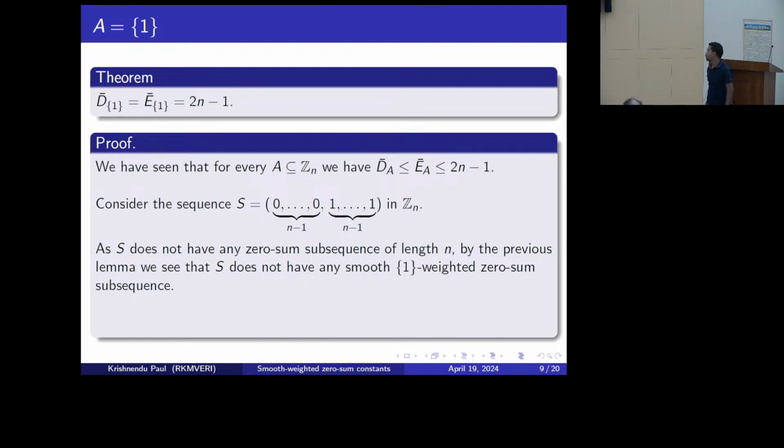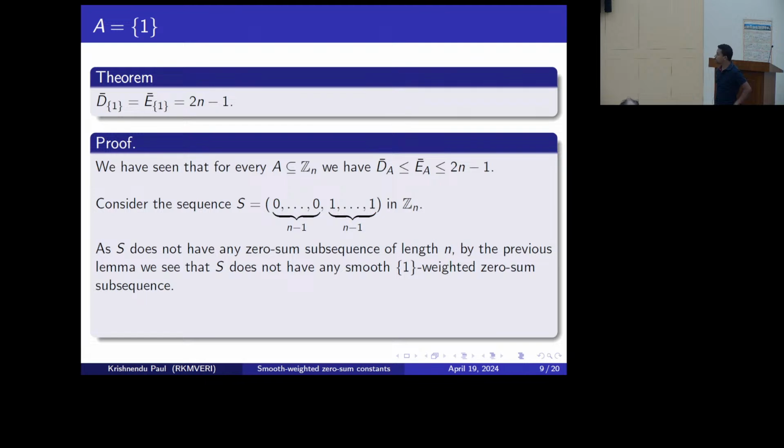Few ones will not give any zeros, so the subsequence must be in the 0 part only, but zeros are also there only n minus 1 times, so there will be a problem in the coefficient sum.